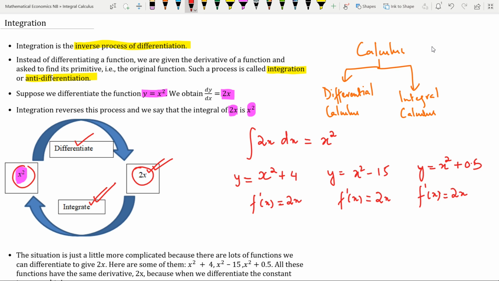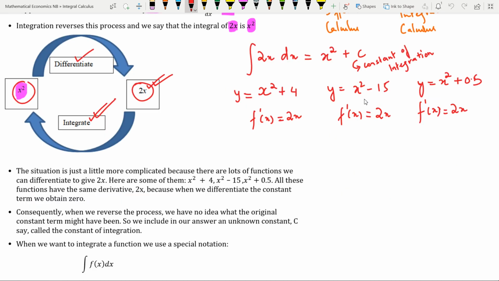And we might not know the original function, since in all the three cases we have a constant term which is different. So in order to take care of the constant term which we may lose in the process of finding the integration, we add c. This c stands for constant of integration.